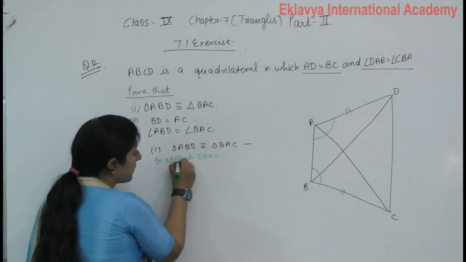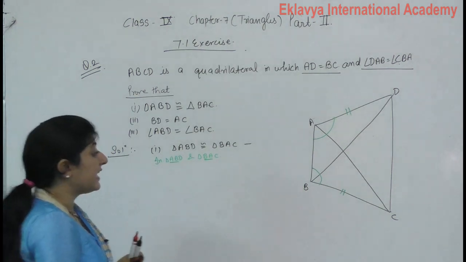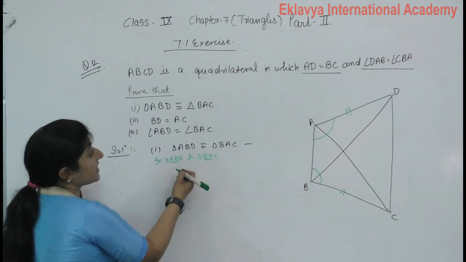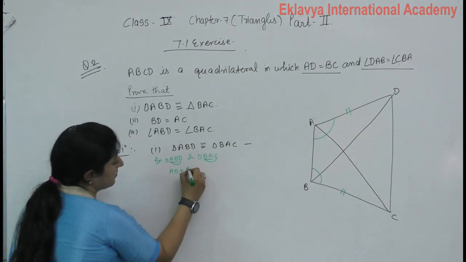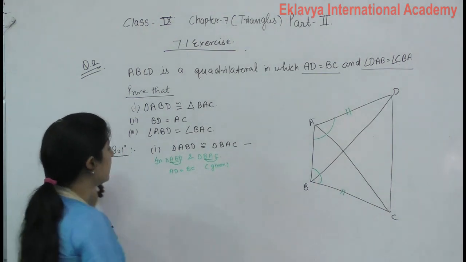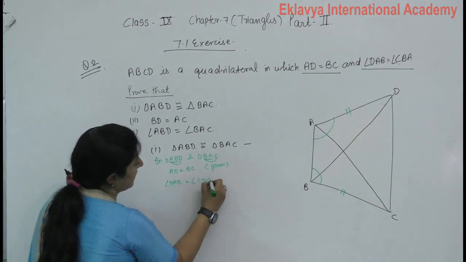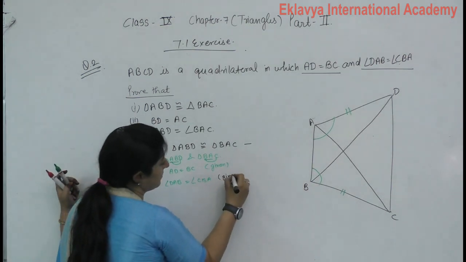If you see properly, there are two vertices A, B, and there are also two vertices A, B. It means AB is common in both. So firstly we write the given thing, AD is equal to BC, reason given. Second, angle DAB is equal to angle CBA, this is also given.